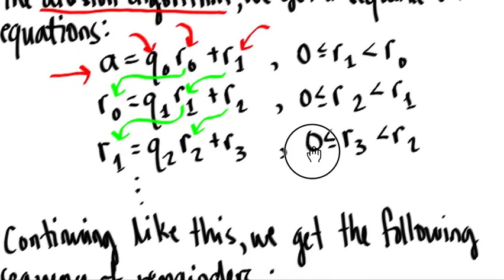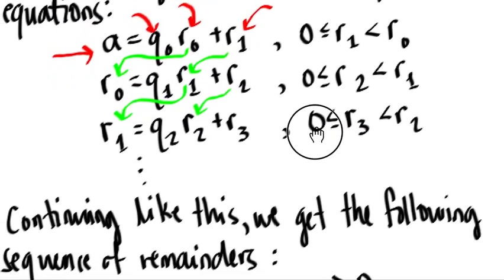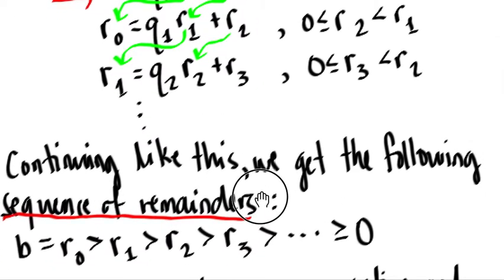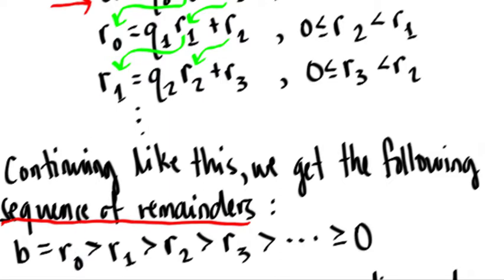Now, if we continue the process like this, we get the following sequence of remainders. This will be shown as b is equal to r sub 0, the identity that we have taken into consideration, that b, our divisor, is equal to r sub 0.